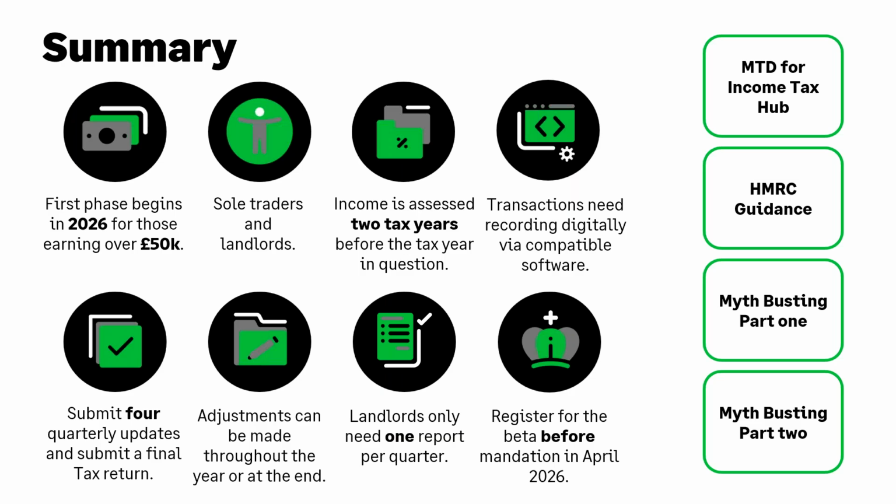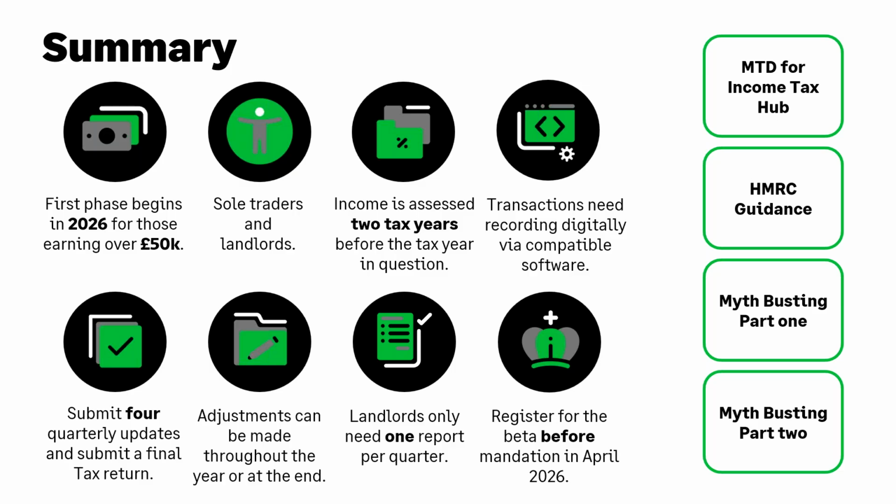So let's summarise that information that we have covered today. So the first phase begins in April 2026 for those earning over 50,000. This process is for sole traders and landlords. Income is assessed 2 tax years before the tax year in question. Transactions will be recorded digitally and submitted via compatible software.